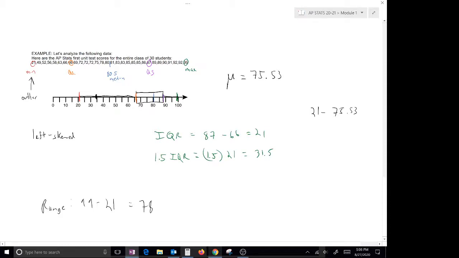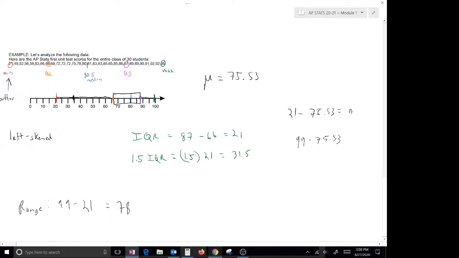Okay, and let's say I did the same thing starting at the other side. I took 99 minus my mean. Well, the problem with this is that the first is going to give me a negative number and this is going to give me a positive number.